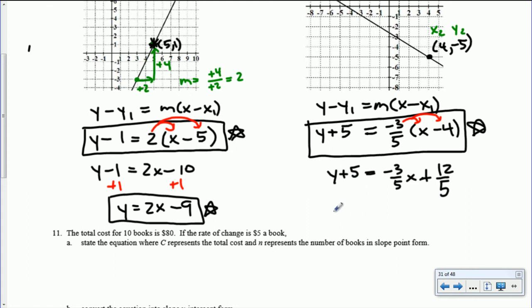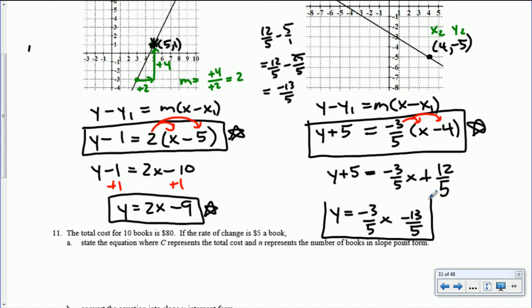Subtract 5 from both sides. y equals negative 3/5 x plus 12/5 minus 5. We need a common denominator: 12 over 5 minus 25 over 5, that'll be negative 13 over 5. So that's slope intercept form.